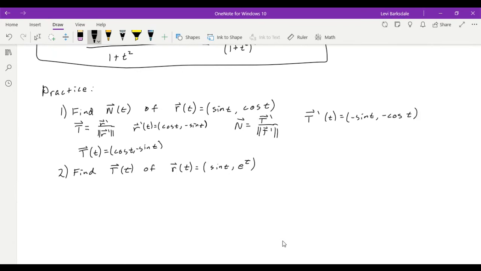And if we take the magnitude of this vector, we see that once again, it's already a unit vector as well. So this would be our unit normal vector, just like that. Make sense?